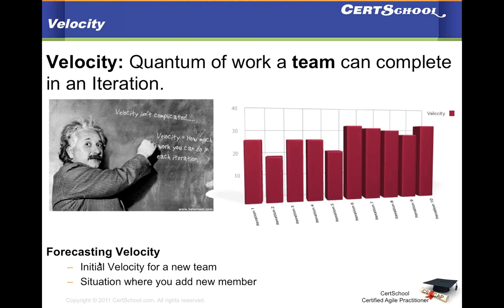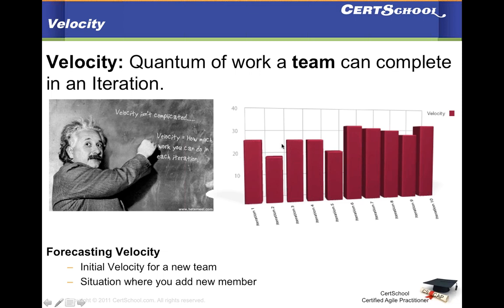Okay. However, what happens is, you would never get it right in the first iteration itself. So after you finish a few iterations, you would get a sense of how you are doing. You would be doing retros at the end of every iteration, so you'll be getting feedback. So what happens is that your velocity will get tuned. Okay, what you see in this graph here, you can see the first 5 iterations, 1 to 5, there were a few ups and downs.